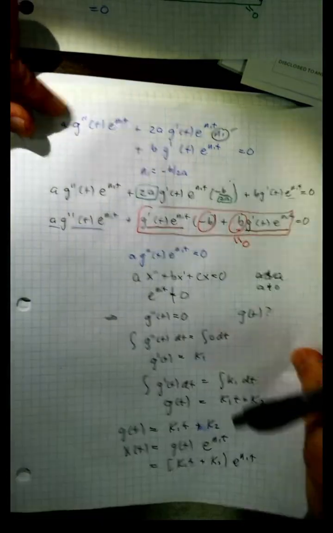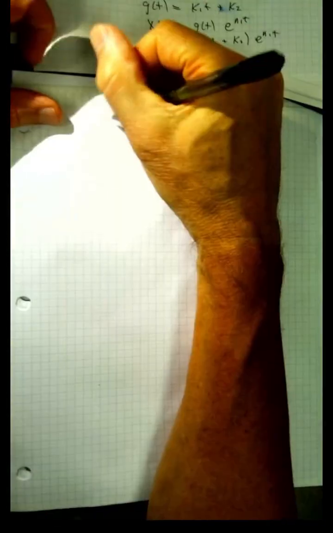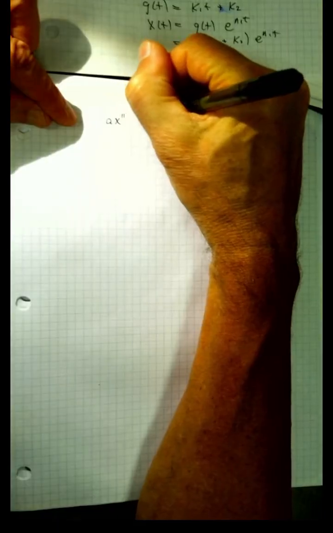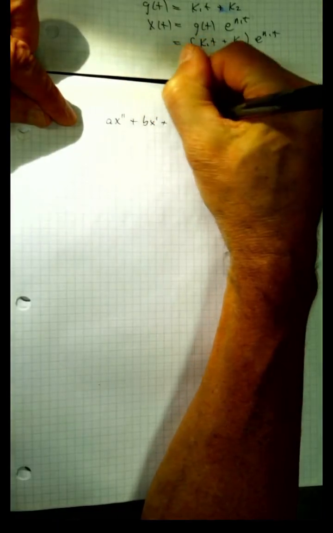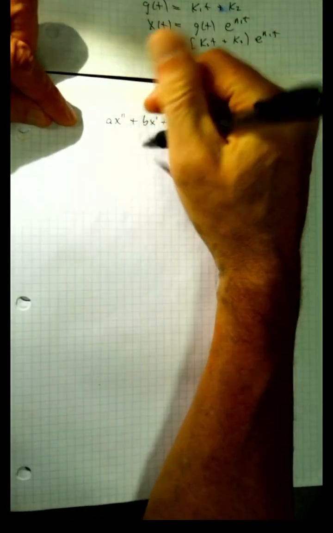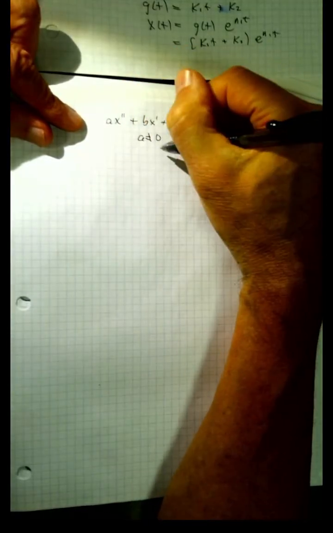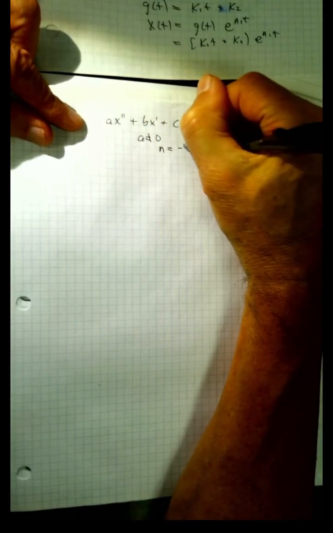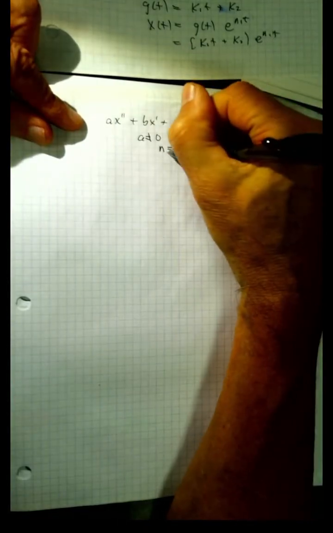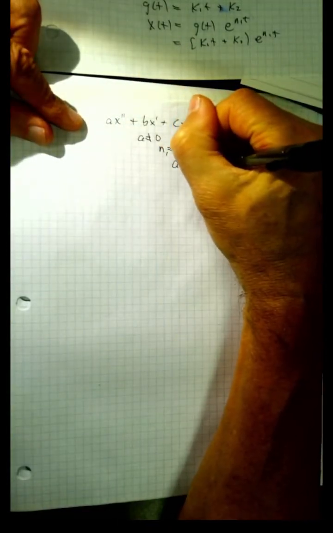Let me rewrite that. So again, my original differential equation was ax double prime plus bx prime plus cx is 0. A is not 0. And I'm assuming that n is minus b over 2a. We'll call that n1. And that an squared plus bn plus c is 0, and this is the only root.